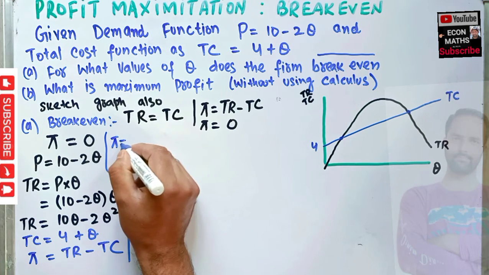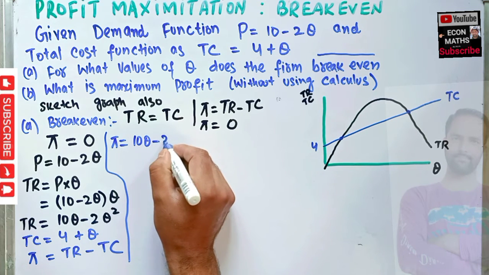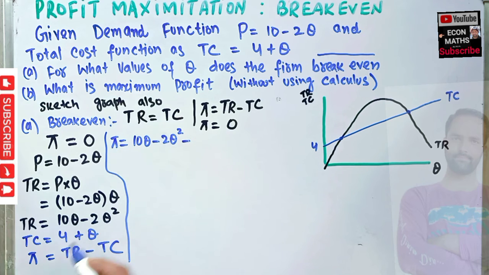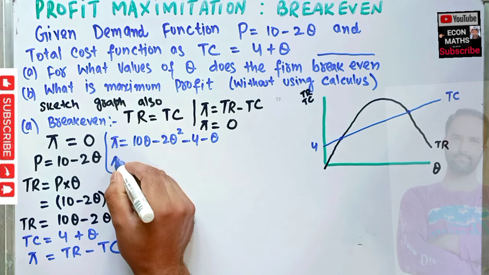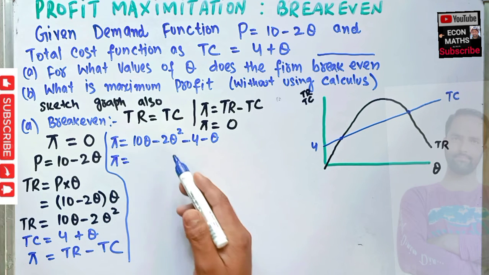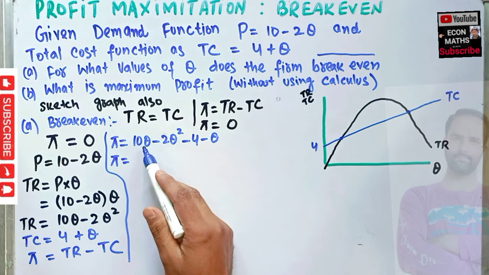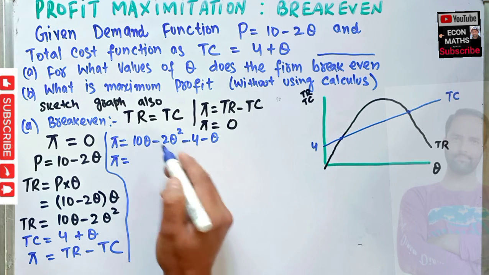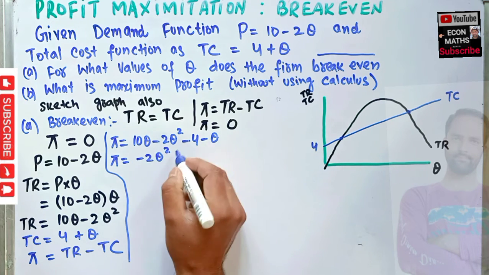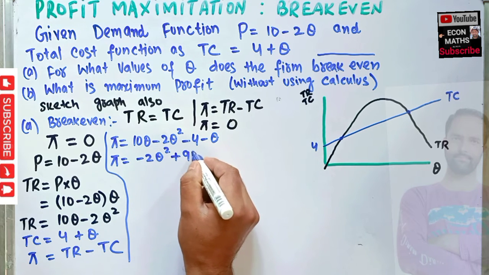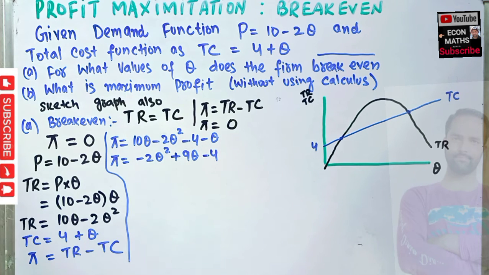That means our profit will be equal to the total revenue function, 10Q minus 2Q square, to this we subtract the total cost, that is 4 plus Q. That means profit is equal to, solving this, minus 2Q square, 10Q minus Q is plus 9Q, then we have minus 4. This is our profit function.